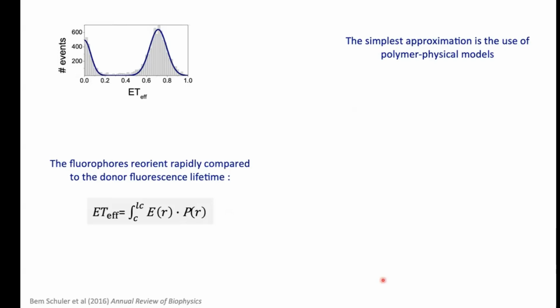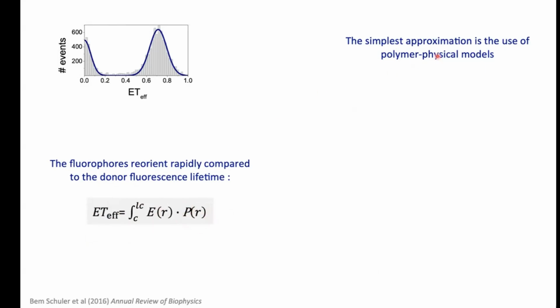So in a more quantitative way, determining distance, particularly for intrinsically disordered proteins, is more difficult to interpret, because you cannot simply use the Förster equation directly, because you don't have a single donor-acceptor distance. IDPs have high dynamics and flexibility. And particularly if you consider that the fluorophores reorient rapidly compared with the donor fluorescence lifetime, basically you can state that this is the integral of the Förster equation over a distribution of distances.